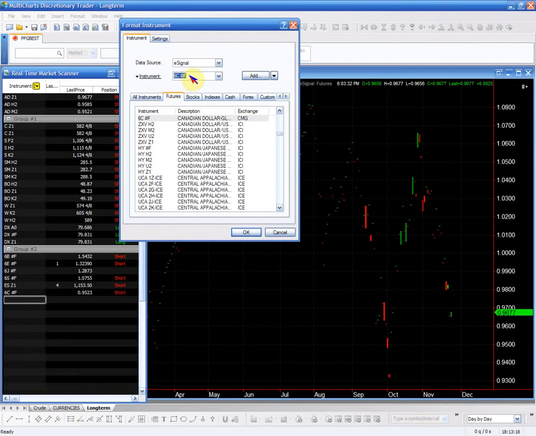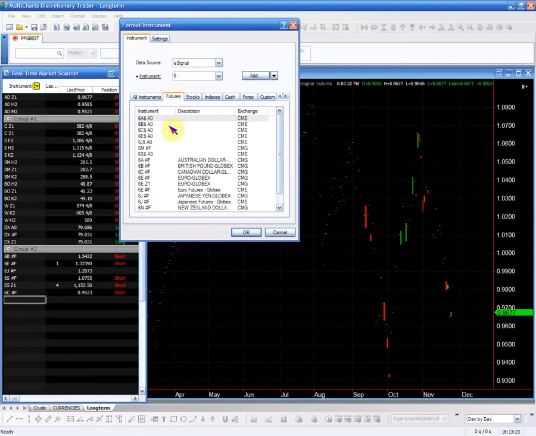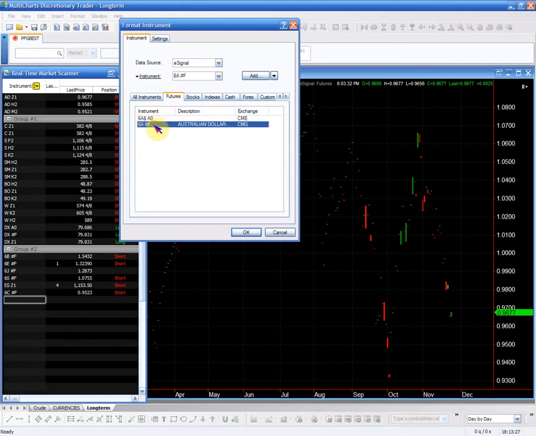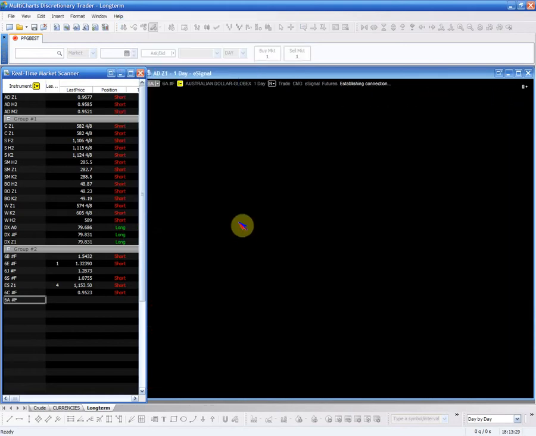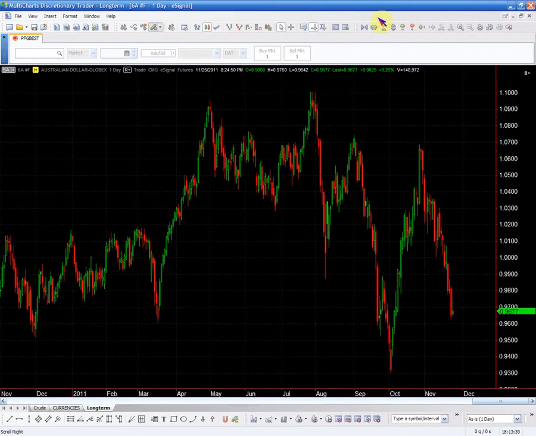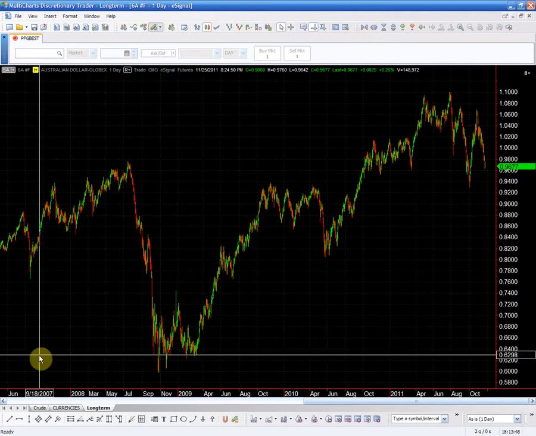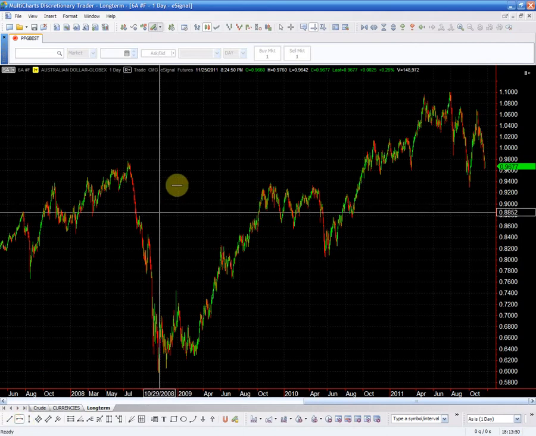I'm using the indices, as I said, because they are the basket of the Australian dollar against all the other currencies. This is actually one of the weakest currencies that we have, and it is sitting at a point where we should be having a major breakdown.